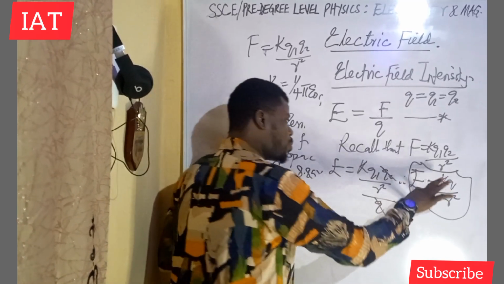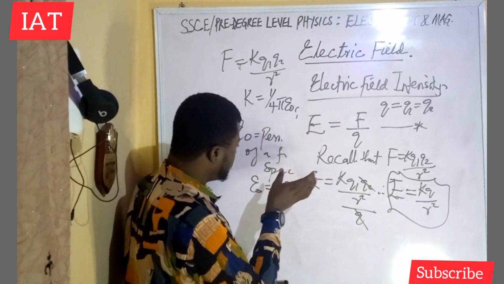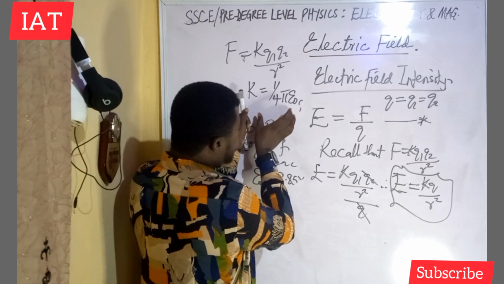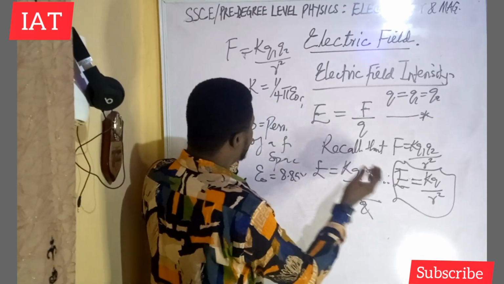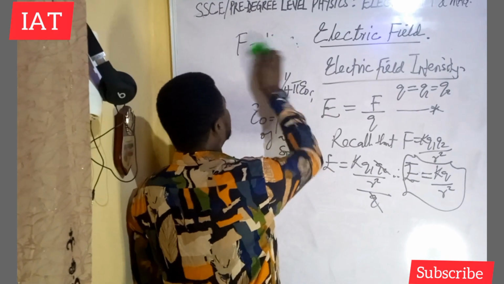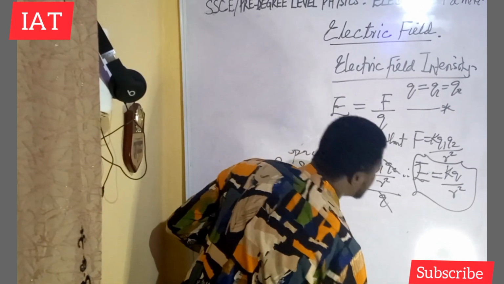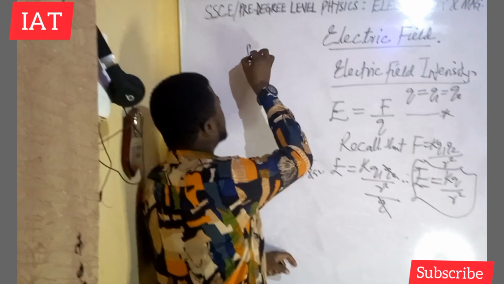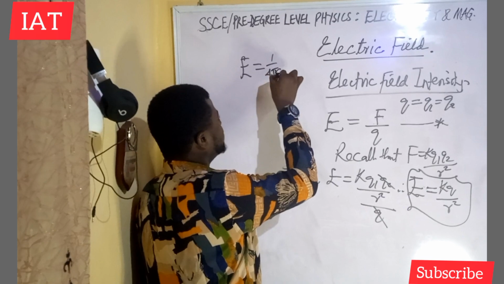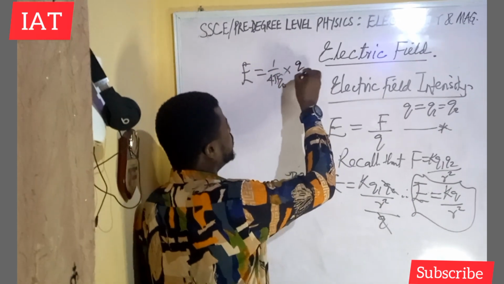So this is another expression for electric field intensity. I can also work on this expression by substituting the value of k into it. This electric field intensity can further be written as E equal to 1 all over 4 pi epsilon naught multiplied by Q all over r squared.